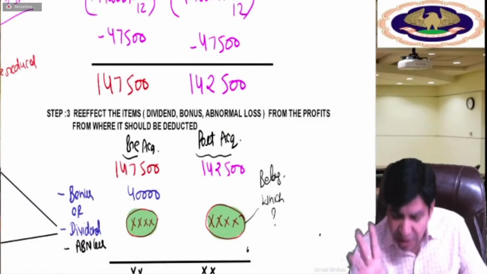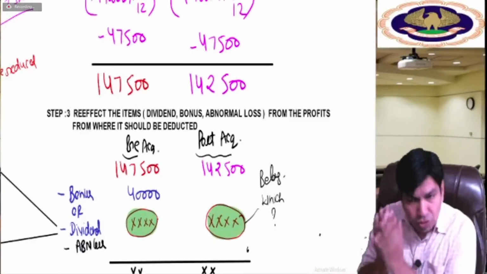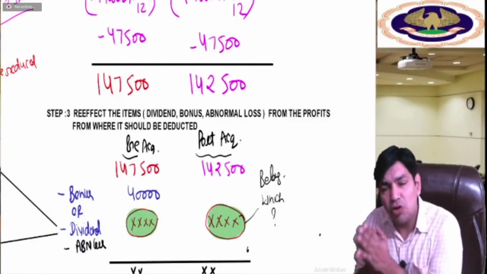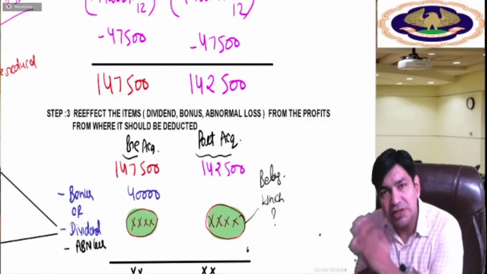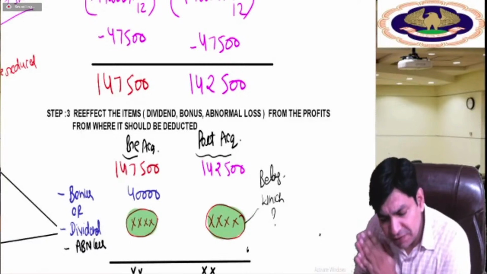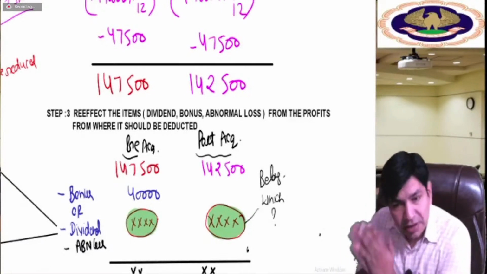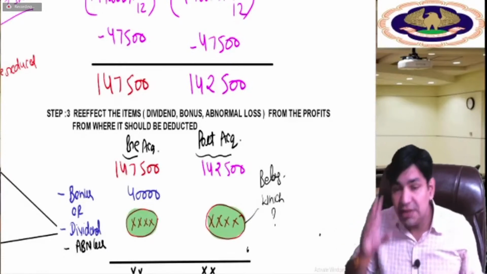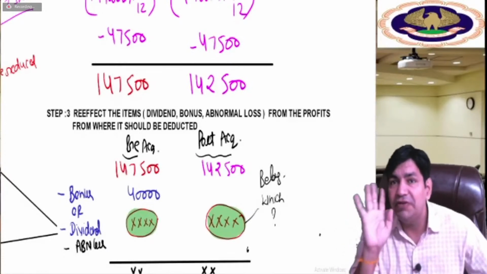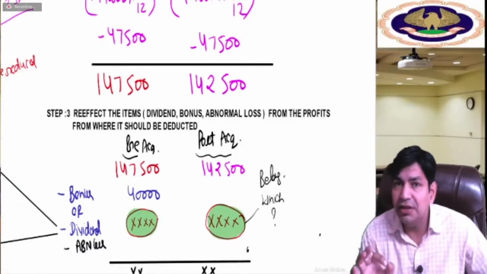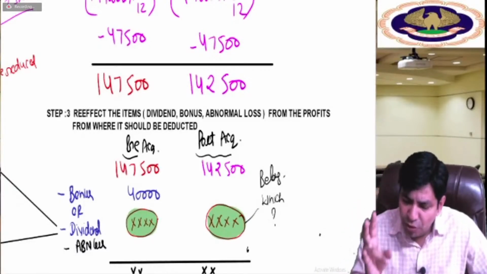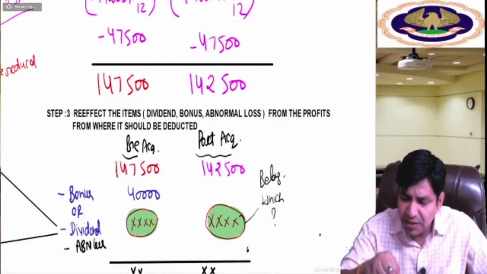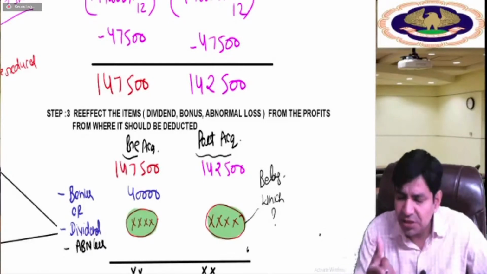So beta, it totally depends on two things. If the question says to re-effect from pre, then pre. If from post, then post. If the question doesn't say, then apply your concept of dividend adjustment, whatever you have learned in the law: the profit of the year to which the dividend belongs must be utilized.